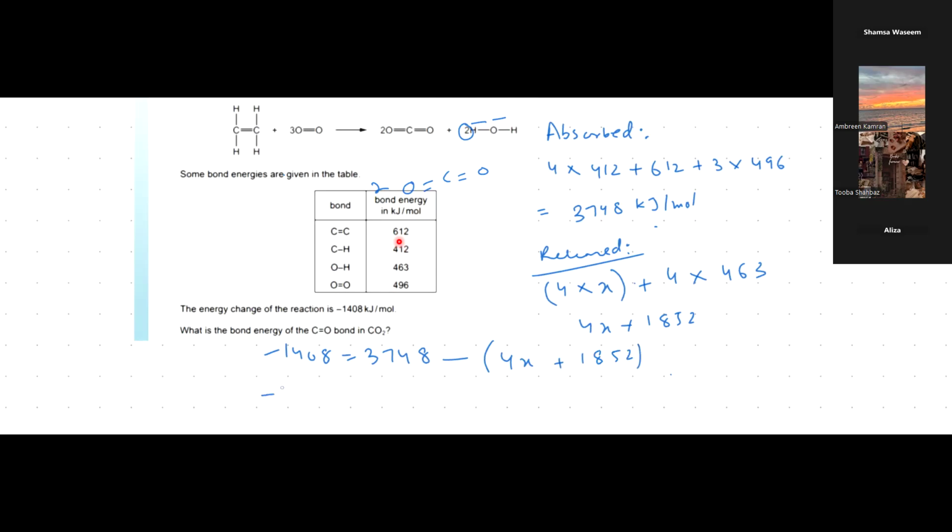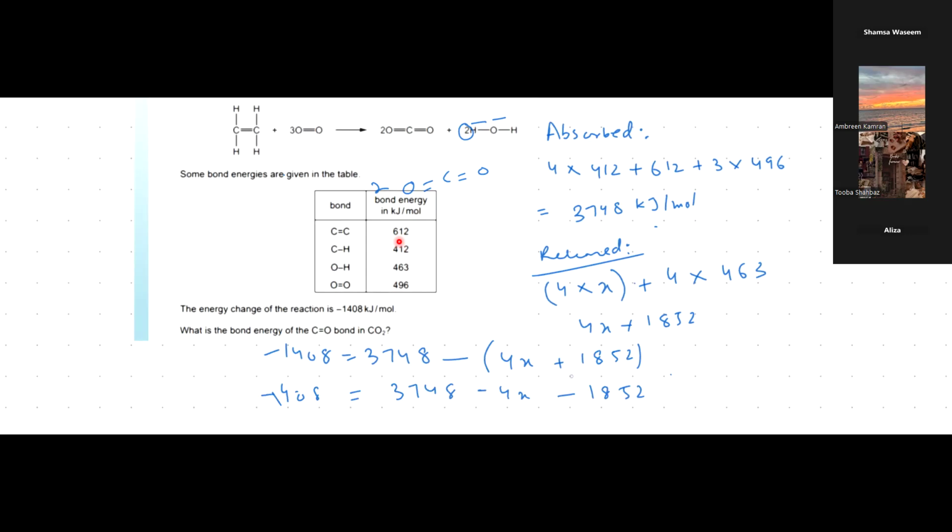Minus 1408 is equal to 3748 minus (4x plus 1852). Did you get it till here? Again, repeating, we just put in the values. Enthalpy change, that is minus 1408, is equal to total energy absorbed minus energy released.